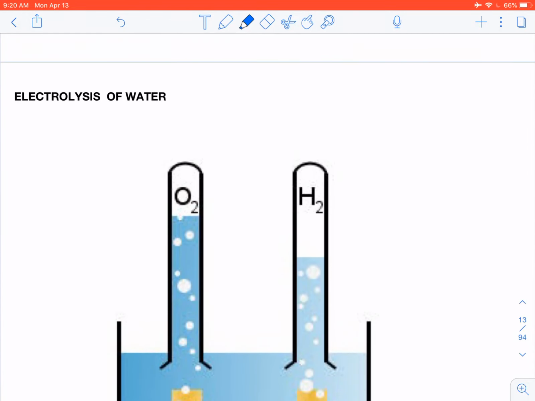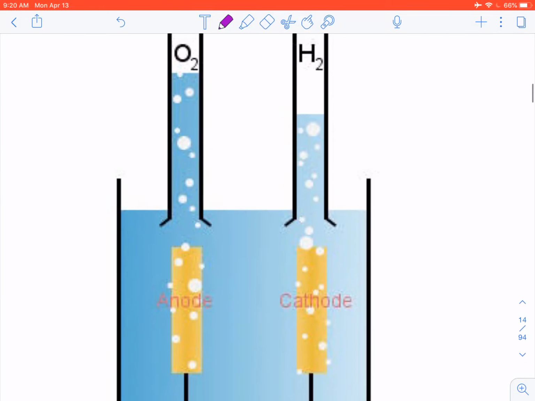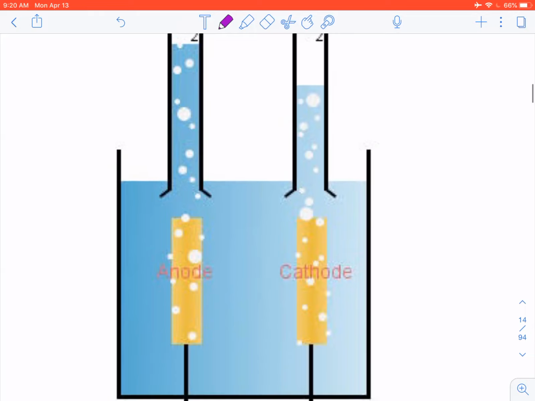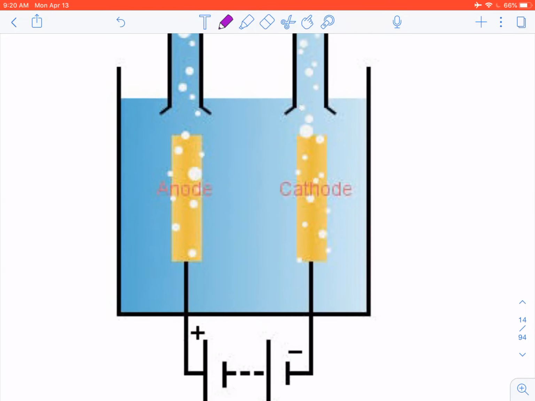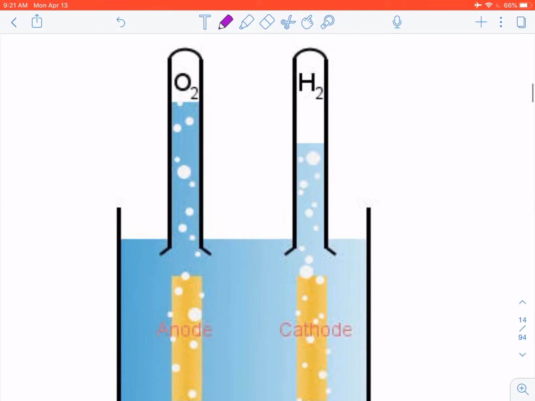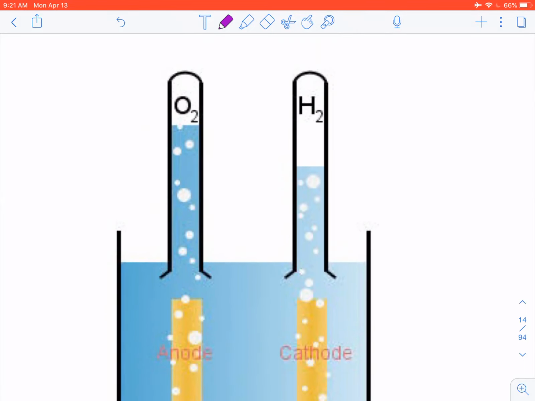Here we have the electrolysis of water. What happens in this case is you've got water and you've got a battery, and this battery has a potential difference, and because of that it can supply energy to the water, and what it then does is break up the water molecule into oxygen and hydrogen.